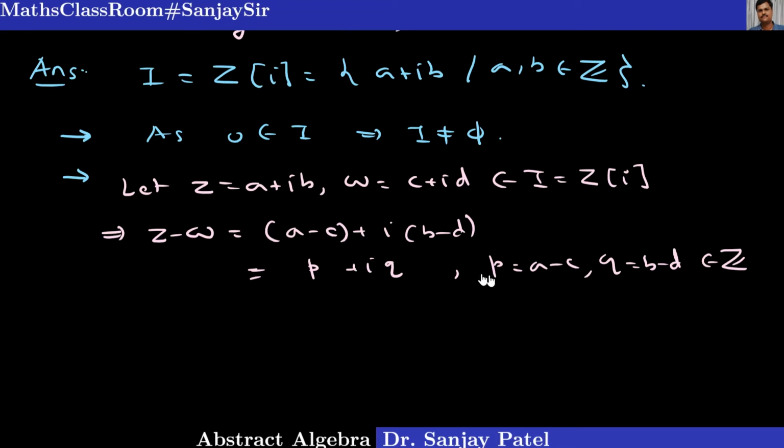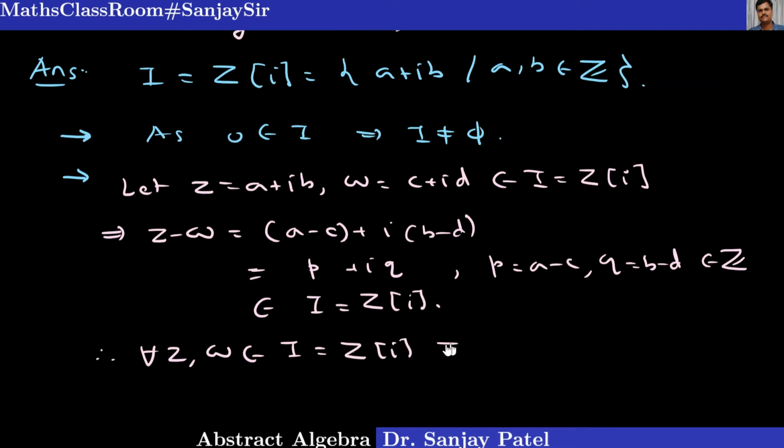Both are integers, because a, b, c, d all are integers, as they belong to I, where I is our set Z[i]. So p and q are integers because a is an integer, c is an integer, so a minus c is an integer. b and d are integers, so b minus d is also an integer. So this belongs to the set I, which is Z[i]. So what I have proved is, for every z and w belonging to the set I, which is Z[i], z minus w belongs to Z[i].